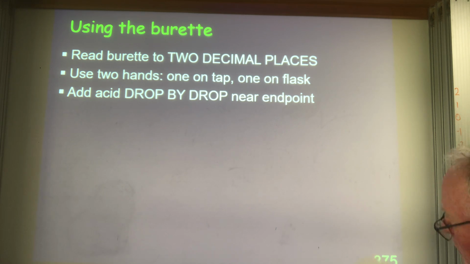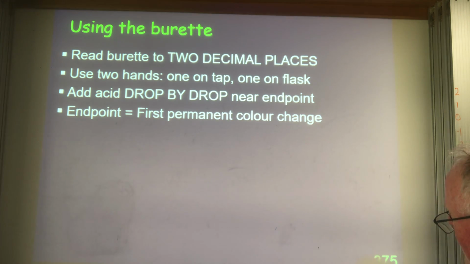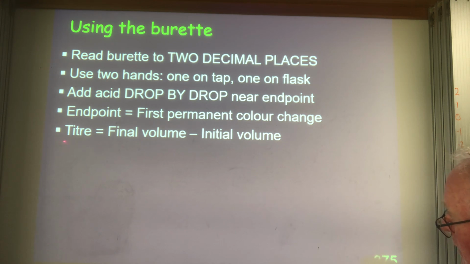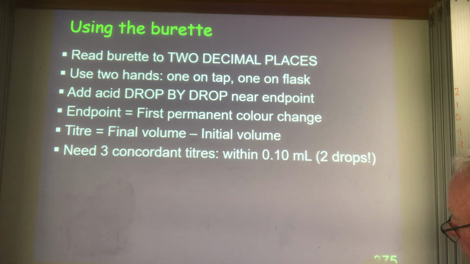Going slow around the end point. You've got to get consistent results in this, so being very careful near where the colour's going to change is critical. The titer, the volume that you're going to use in your calculation, is the difference between the initial and the final volumes, and the emphasis is on doing things carefully.